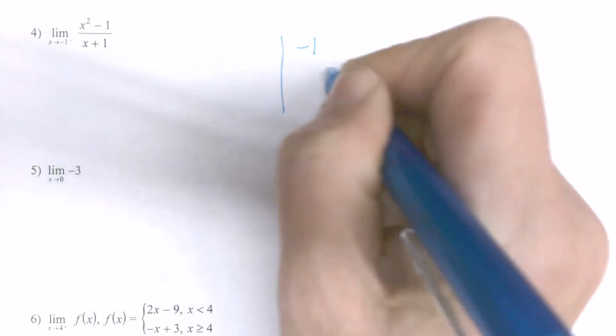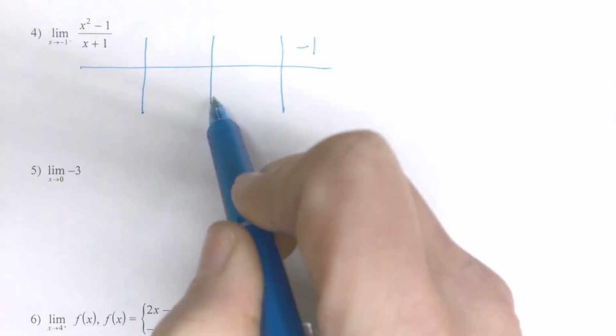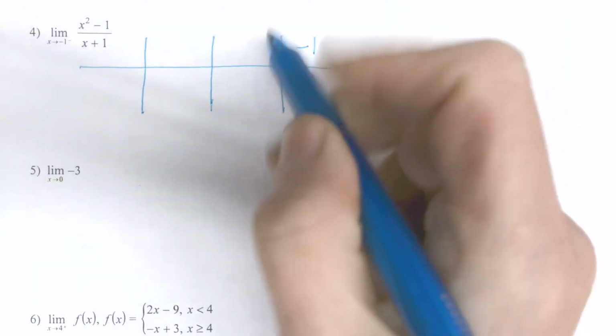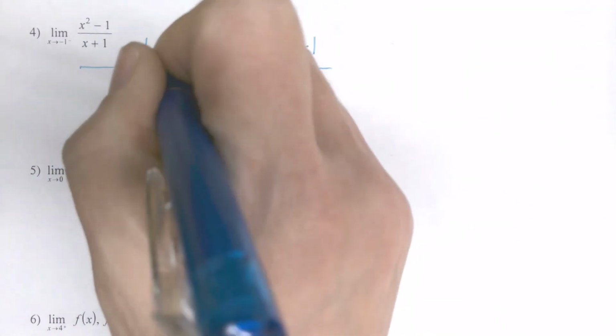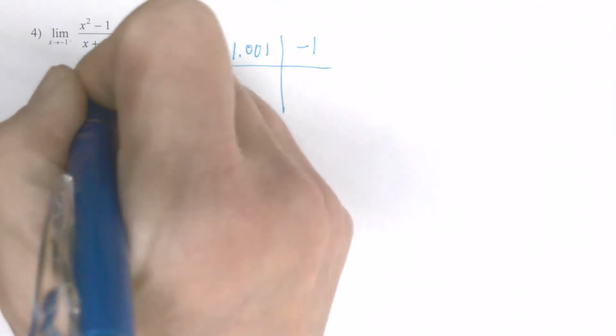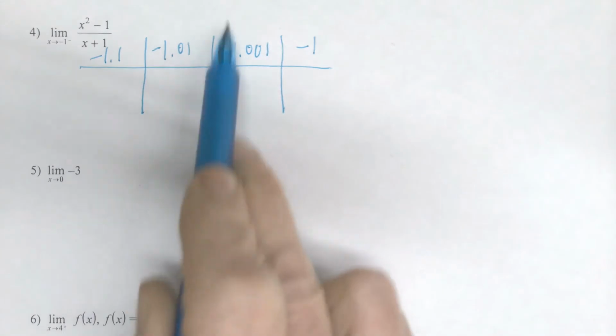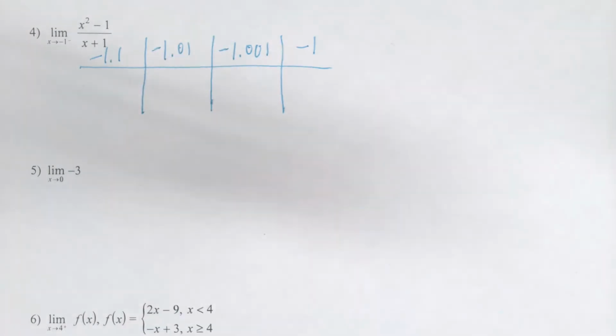And again, I want to pick numbers that are just a little bit less than -1. Well, a little bit less than -1 is a little bit more negative, and then a little more negative, and then a little more negative. And so these are sort of backwards of what we'd think, but that's how the negative works.